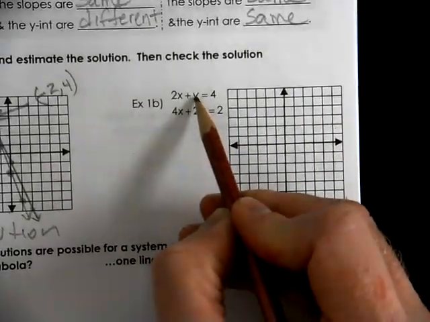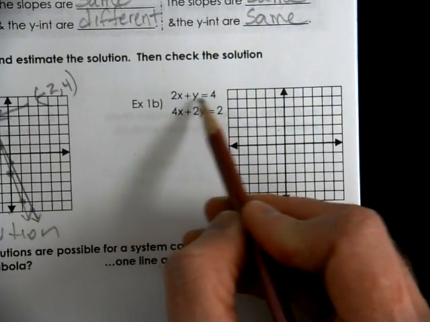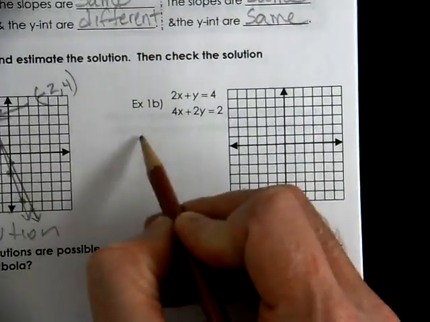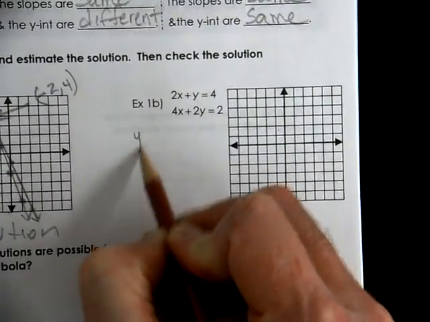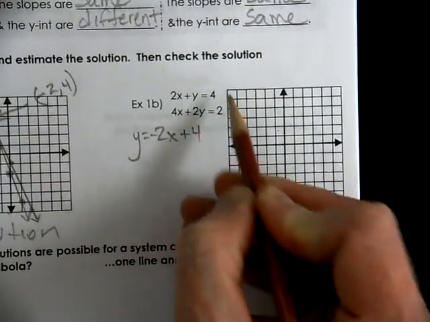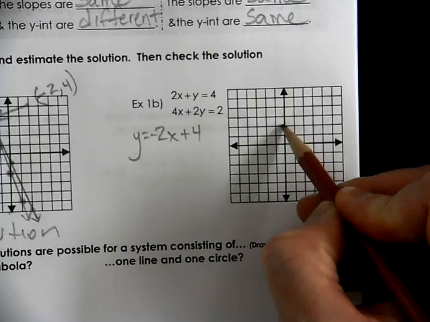Okay, welcome back. Neither equation here is in y equals mx plus b form. That's called slope-intercept form. So we're going to move the 2x across, subtract it across with the positive 4 that's already over there, and we can graph that.